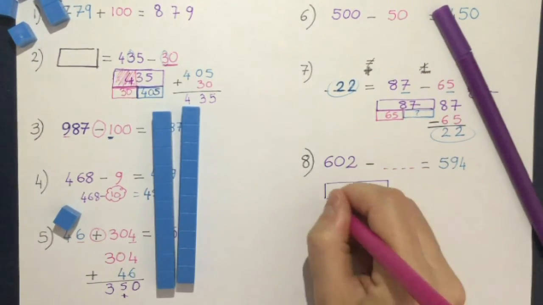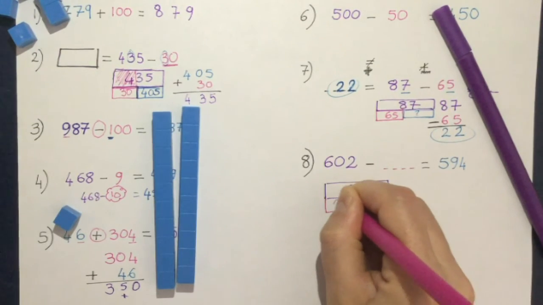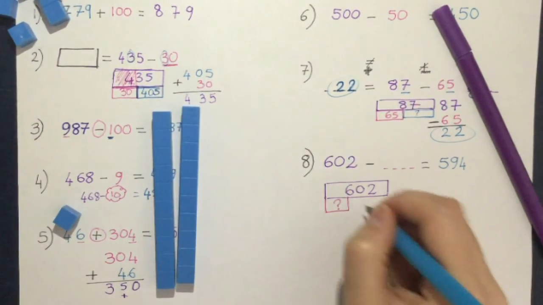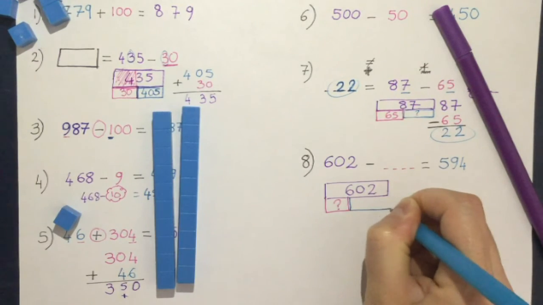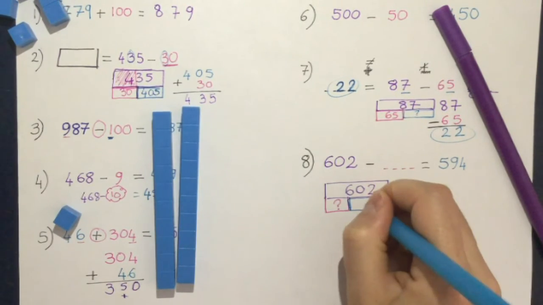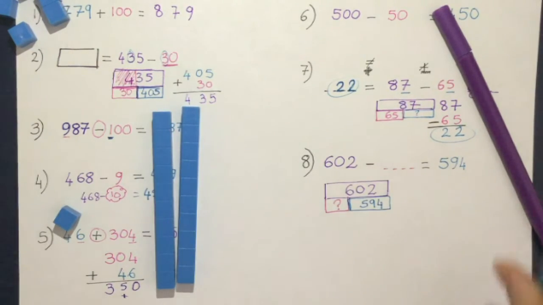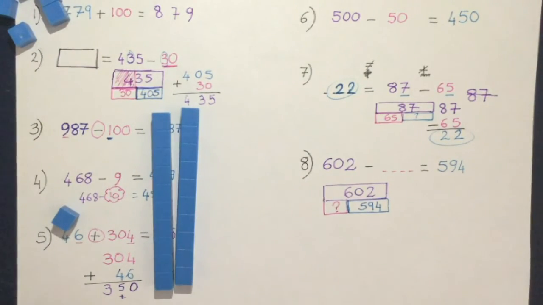I take away something, I don't know what it is, and I end up with the other part, 594. All right, so I can either count up from 594 to 602, because actually it's not that much difference.